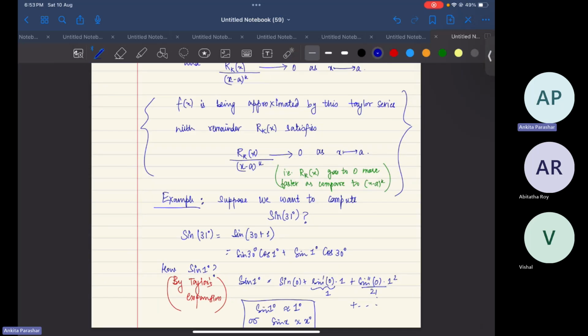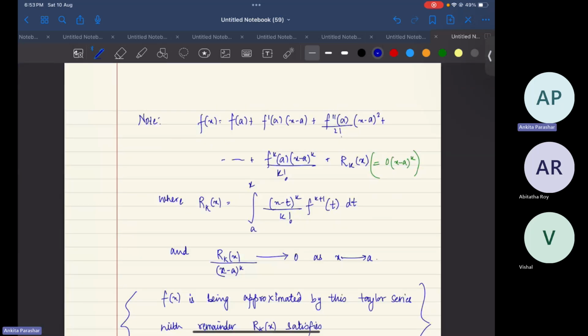Just like when we say that fn converges to f, that means you are approximating your f with certain functions fn, and you are coming close to your f. So these concepts are very helpful actually.